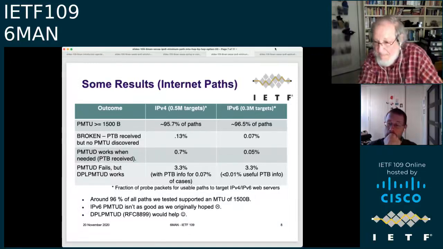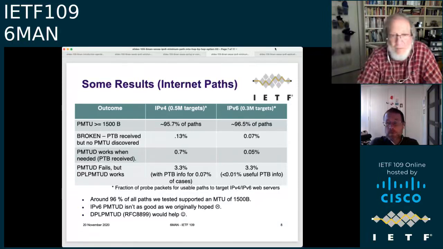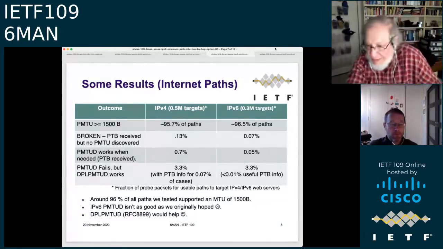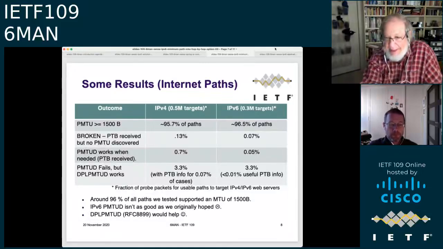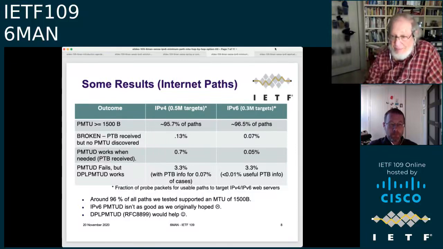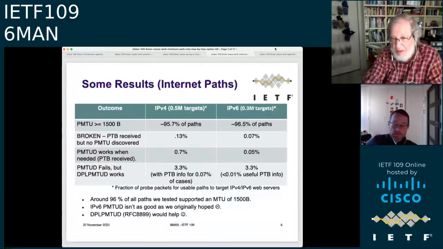The good news is that if you probe these paths with a packet probe using DPLPMTUD, RFC 8899, then you could get a path through. So path MTU discovery using PLPMTUD would help. But PLPMTUD relies on sending successive probes.